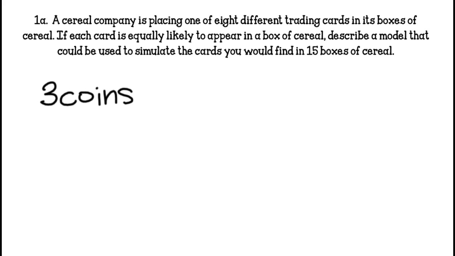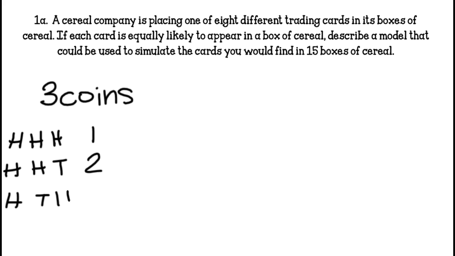When you toss 3 coins, you can get heads, heads, heads. That would represent trading card 1. You could get heads, heads, tails. That would represent trading card 2. You could get heads, tails, heads. That would represent trading card 3. You could get heads, tails, tails.